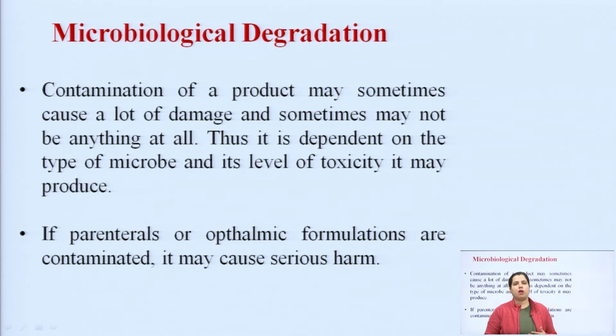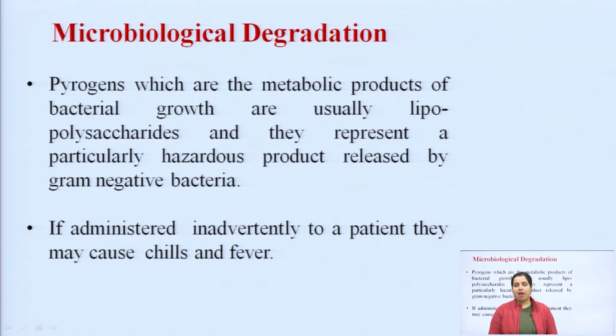If parenterals or ophthalmic formulations are contaminated by microbes, it may cause serious harm to the body, because parenterals reach the systemic circulation directly. We administer them directly into the blood circulation, and if microbial contamination is there, microbes may grow in the blood and cause severe side effects. Pyrogens, the metabolic products of bacterial growth, are usually lipopolysaccharides and represent a particularly hazardous product released by gram negative bacteria like Escherichia coli.